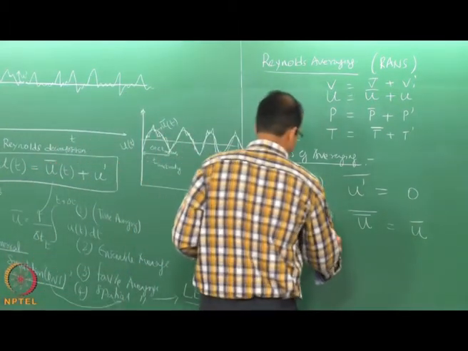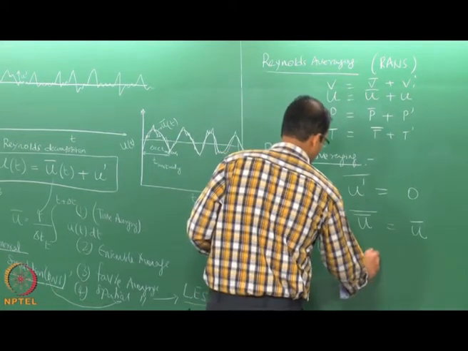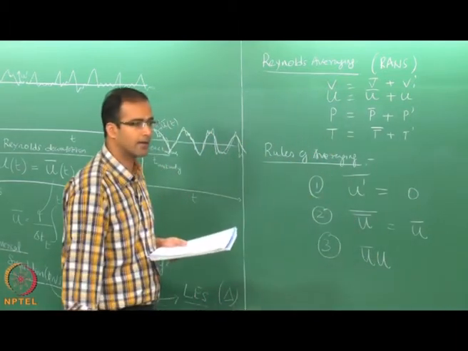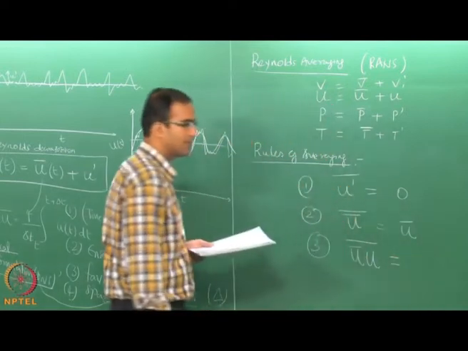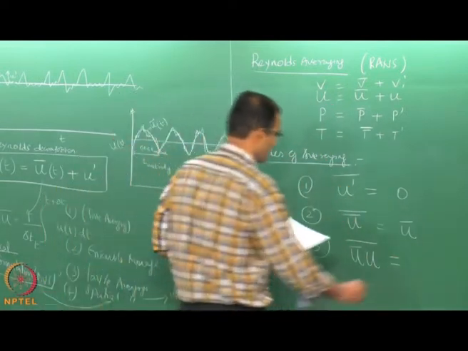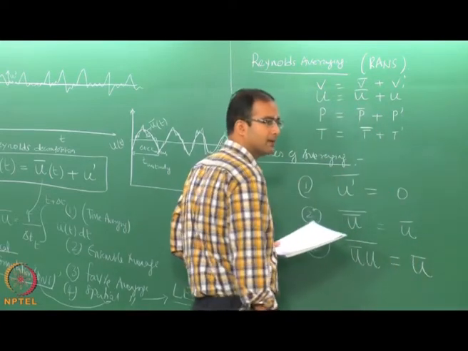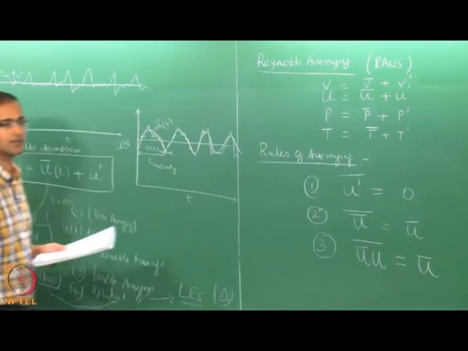Now, there is a product rule which states that if you take the product of a mean and an instantaneous quantity and average this component, you can break it into the mean times the mean of the instantaneous. What is the mean of the instantaneous?